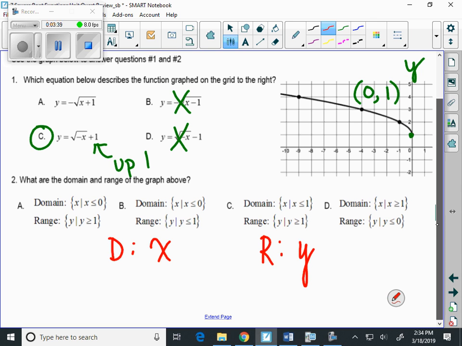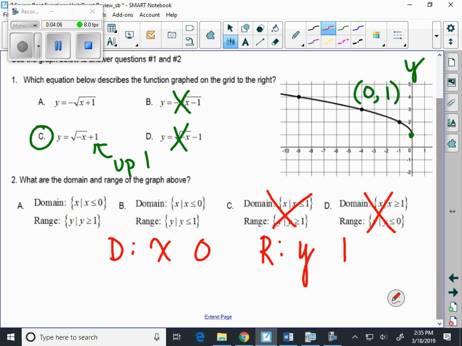Our x value of our starting point there is 0, and our y value of our starting point is 1. So we know that much. We need to be careful in reading those, but the domain has to have a 0 in it, and I can eliminate those two because the domain doesn't have a 0 in it.